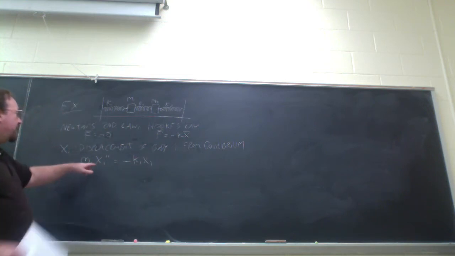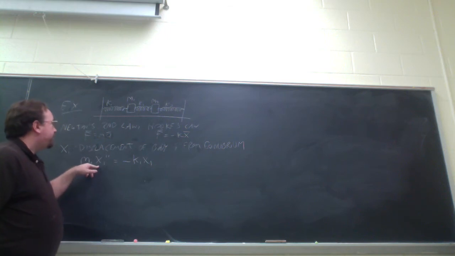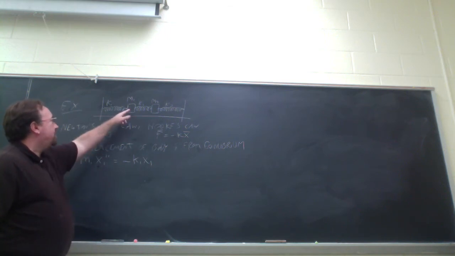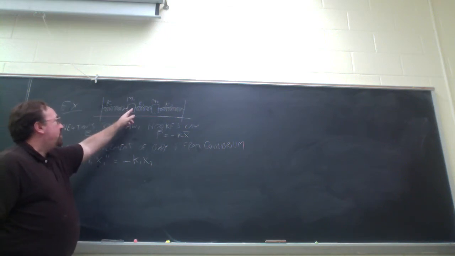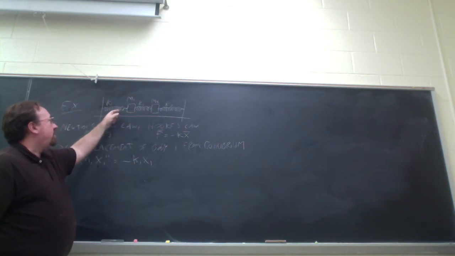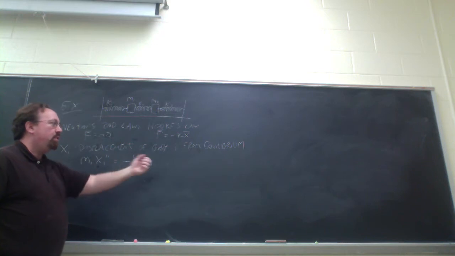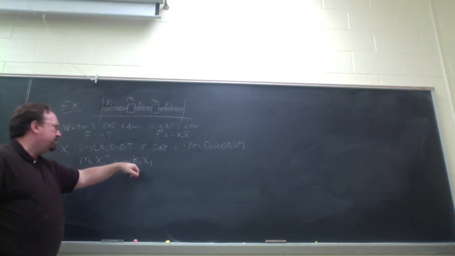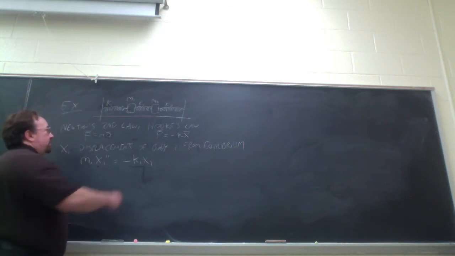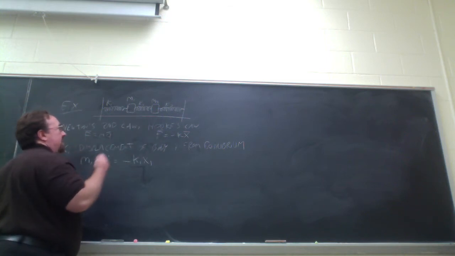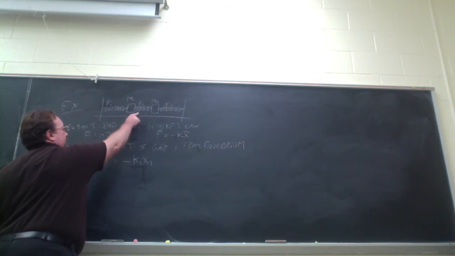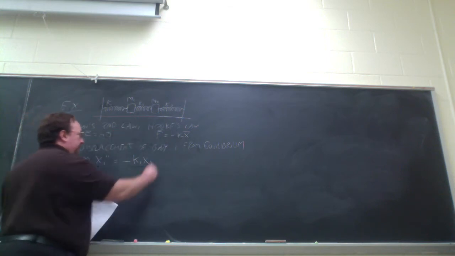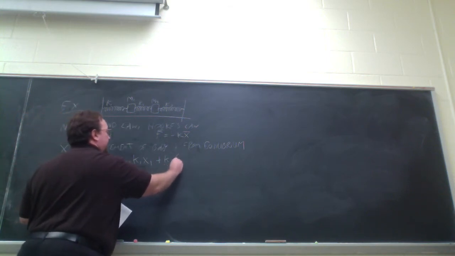So for the first body, suppose you take this first body and you pull on it. Well, this force that the spring is exerting is going to try to compensate for that by pulling back to the left. So we get this minus here, we get a negative displacement. But there's also a force coming from the second object through this second spring, so that would be pulling in the opposite direction.